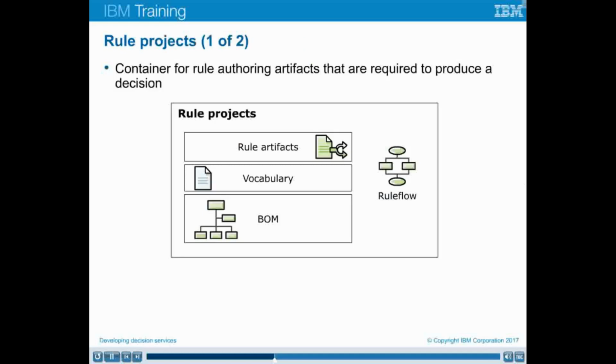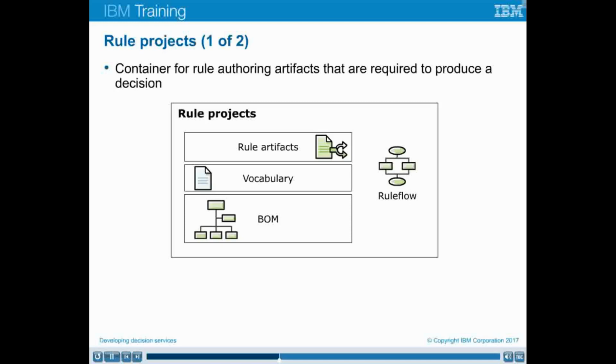A rule project is a container for rule authoring artifacts that are required to produce a decision. A decision service is a set of related rule projects. In a rule project, you define the structure for the rule artifacts, set up the business object model, or BOM, and the vocabulary for editing the rules.